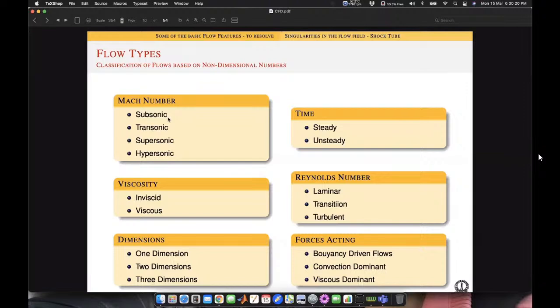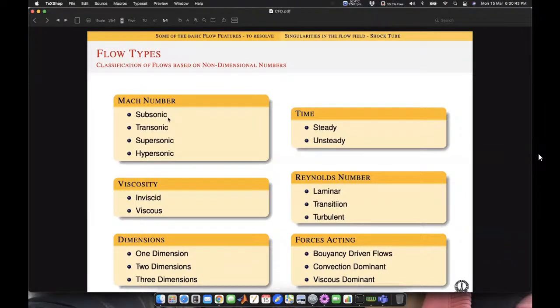But where are the other three regimes? Transonic region, yes, when you are flying in an aircraft moving at a speed closely between 0.8 and 1.1, we call the flow transonic.